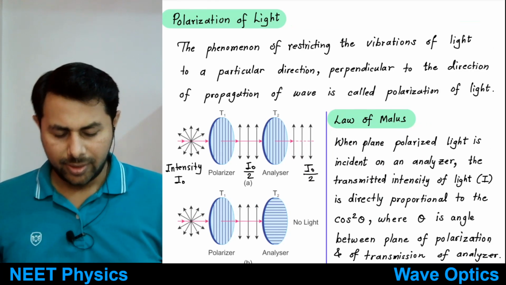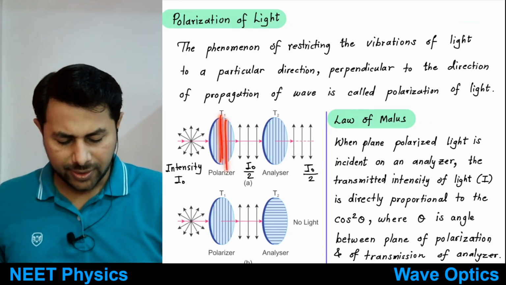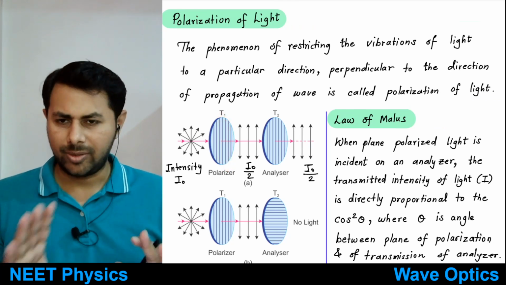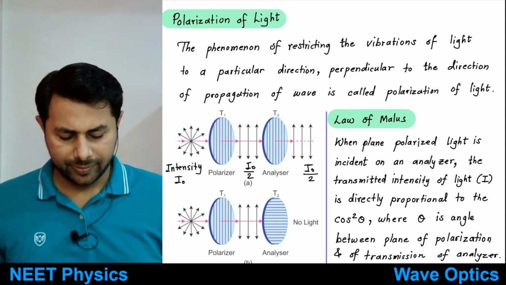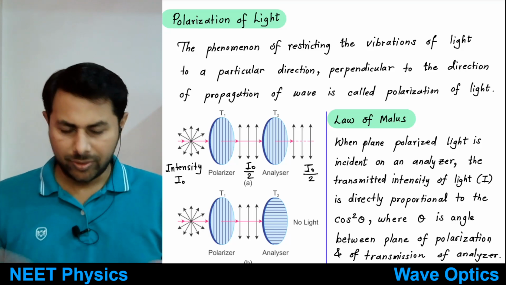Here this axis is the pass axis of the polarizer. So now we know this is polarization.